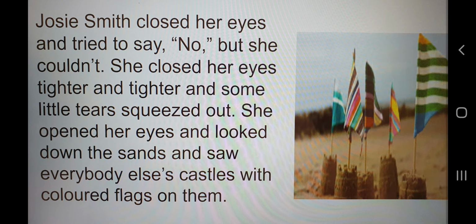Josie Smith closed her eyes and tried to say no, but she couldn't. She closed her eyes tighter and tighter, and some little tears squeezed out. She opened her eyes and looked down the sands and saw everybody else's castles with coloured flags on them.